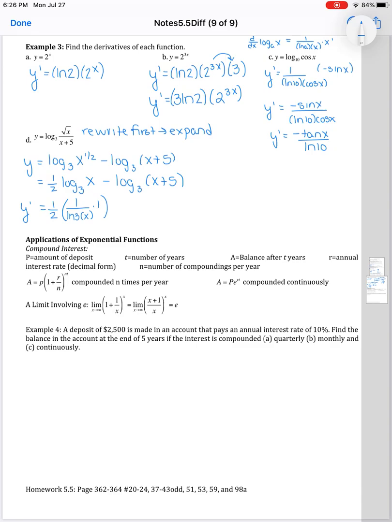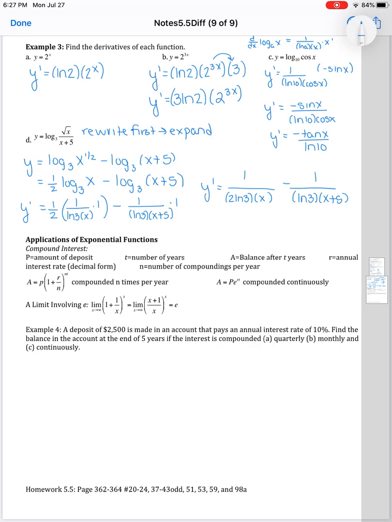Okay, so this is our properties. So we have division, get rid of it. In addition, I'm just going to make that to the 1/2. Now also with that 1/2, I'm going to bring that in front, so I'm not even dealing with the 1/2. The second term doesn't change. All right, so both of these are using that property we just used for C. So we have 1/2 times 1 over the ln of 3 times x, minus 1 over ln of 3 times (x plus 5), times 1.